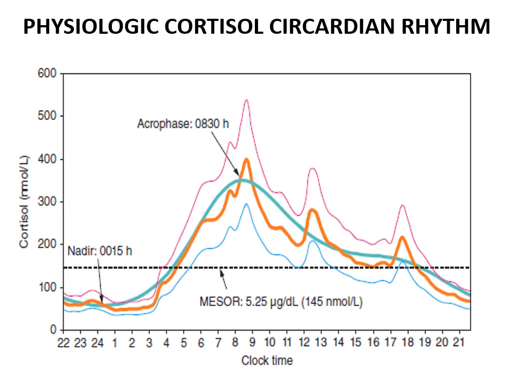So adrenal cortisol secretion exhibits a distinct circadian rhythm, starting to rise in the early morning hours prior to awakening, with peak levels in the morning between 8 to 10 am and low levels in the evening.